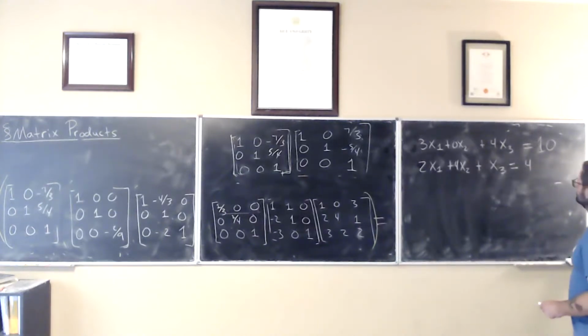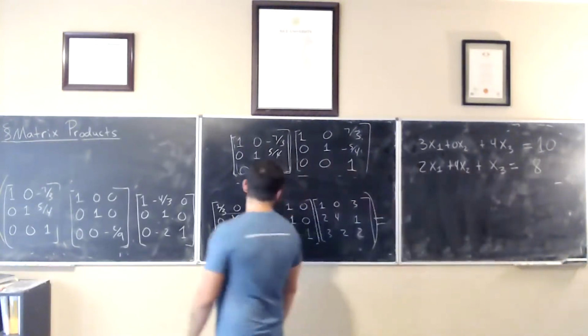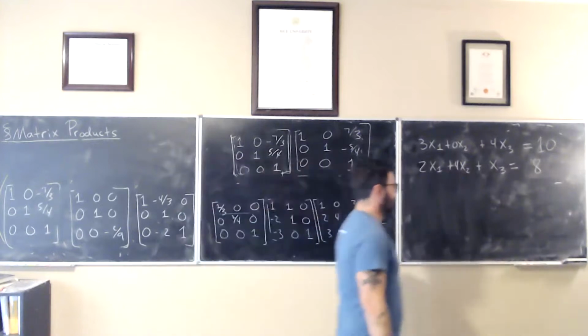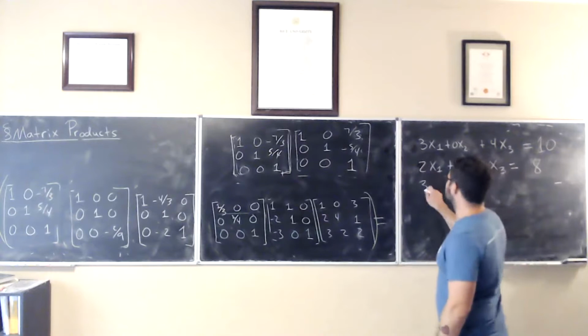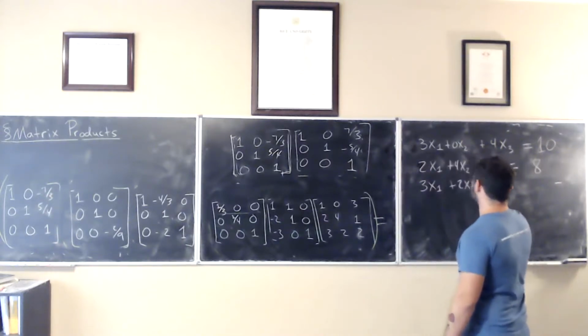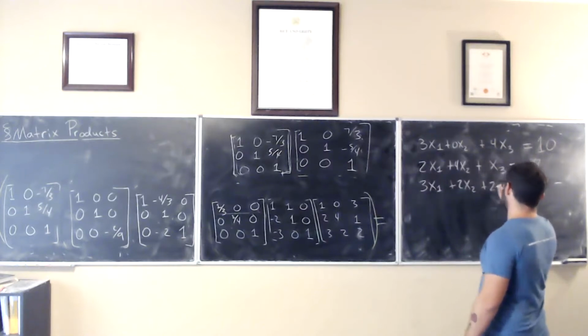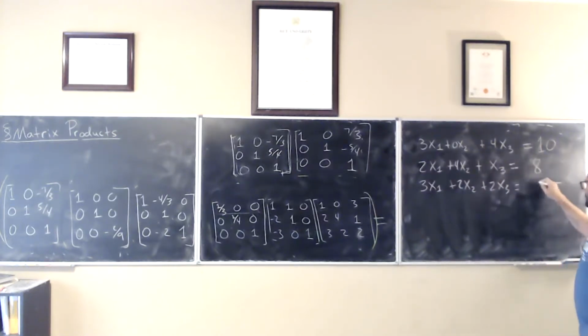And this has to be equal to like 8 or something. And then finally, for compliance reasons, you have to pay like 3 per unit for X1, and 2 per unit for X2, and 2 per unit for X3. And that cost has to be something like 11 or something.